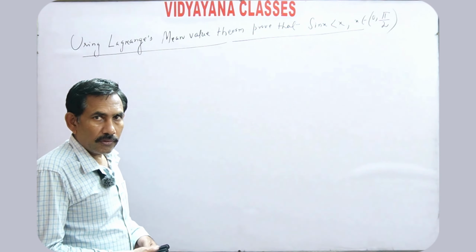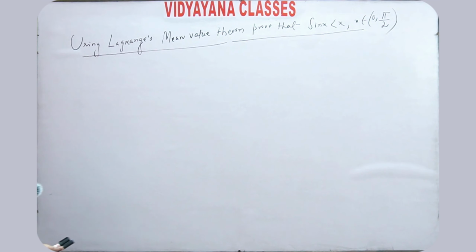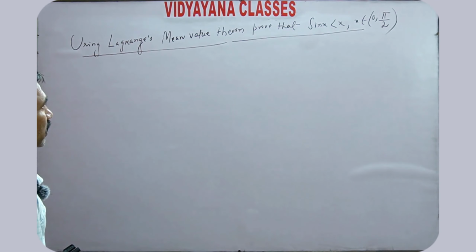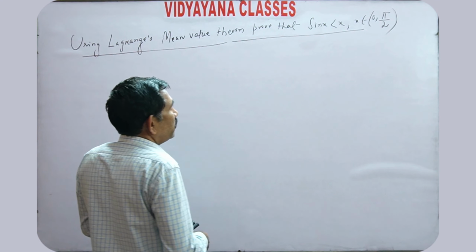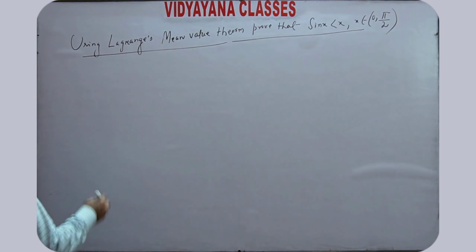Clear? Next question. Using Lagrange's mean value theorem, prove that sin x less than x, x belongs to open bracket (0, pi by 2). Answer.